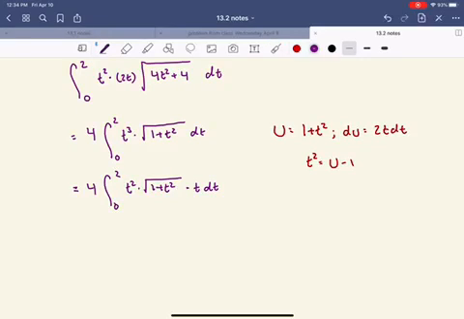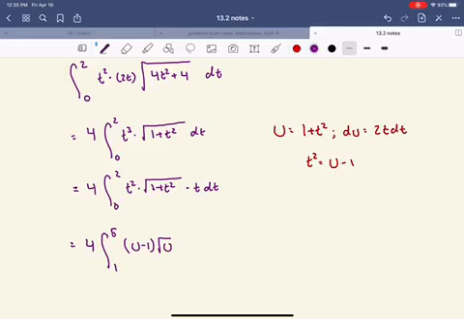So now, doing my substitution. When t equals 0, u equals 1. If I plug 0 in here, I get 1. Now, when t equals 2, I'm going to get 5 on my upper limit. t squared, we've already seen, is u minus 1.